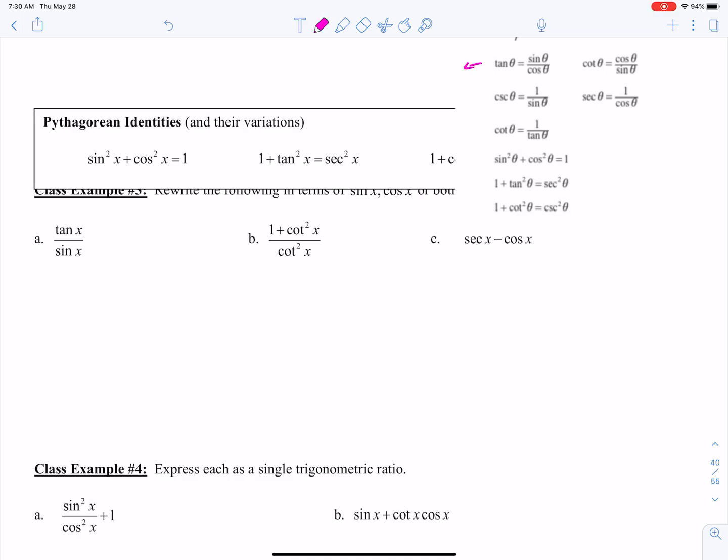If I have an identity that looks like this, I can assume that this is also true. So you can just write that right on your formula sheet, and this works for all of them. We can square both sides, and it works for this one.